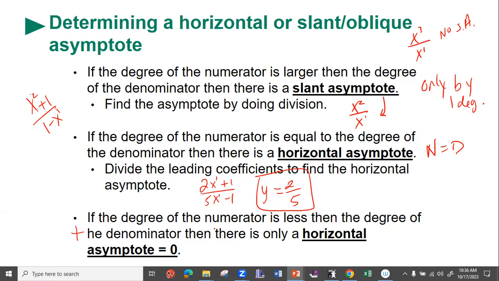Okay, if the degree of the numerator is less than the degree of the denominator, it's only a horizontal asymptote, which equals 0. So you're always going to be at y equals 0.